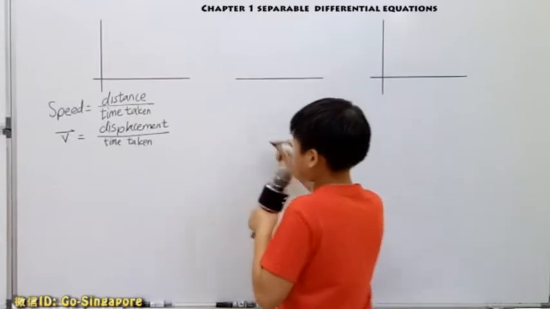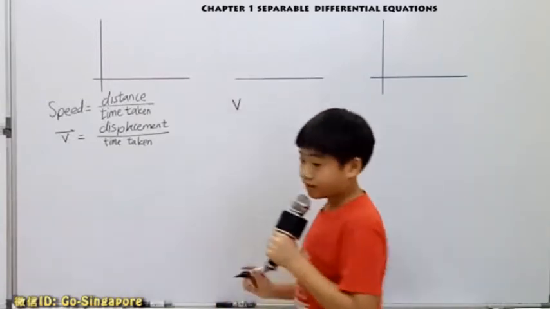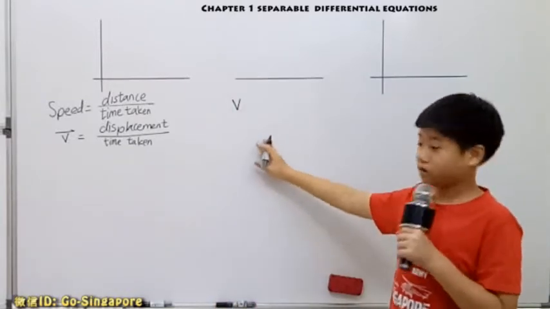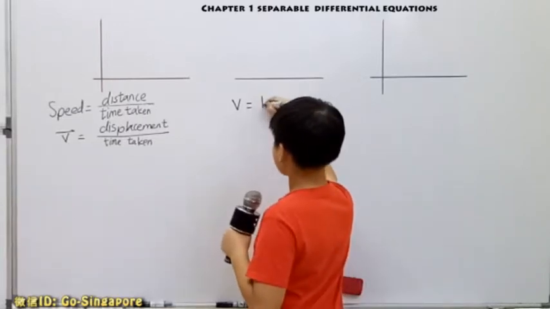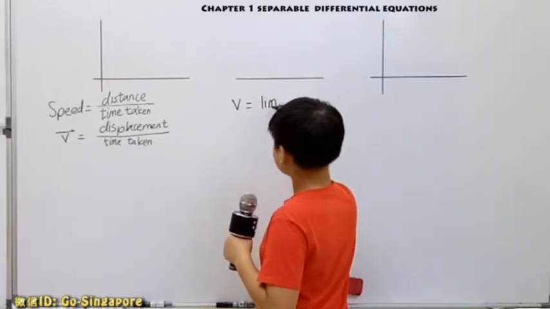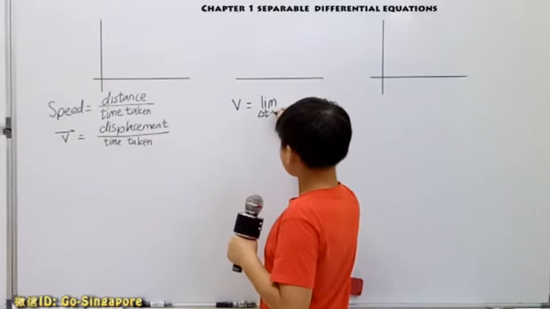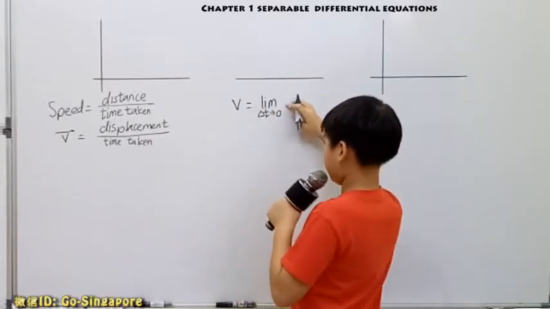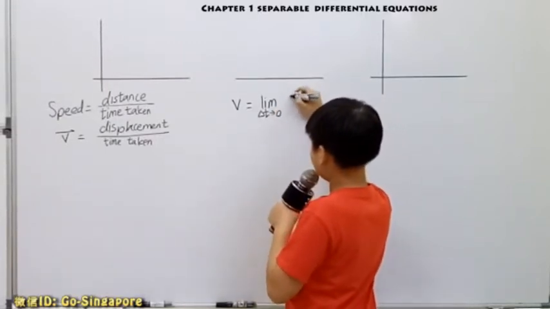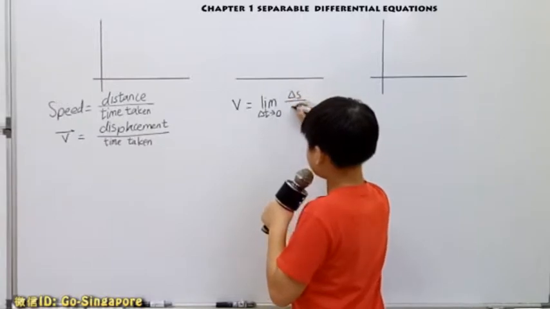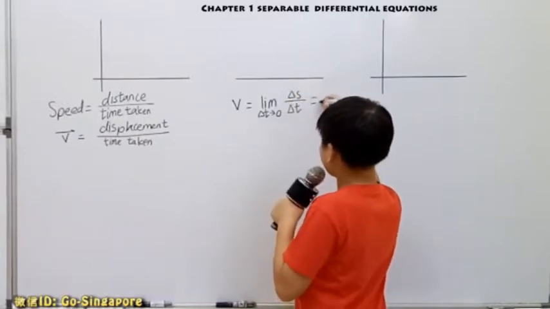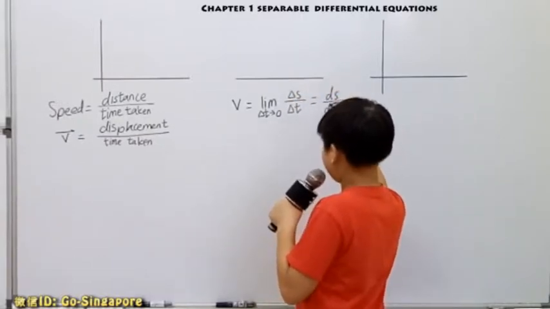For E-math, they don't have the vector, and they write it as the limit as delta t approaches 0 of delta s over delta t, and so this is ds dt.